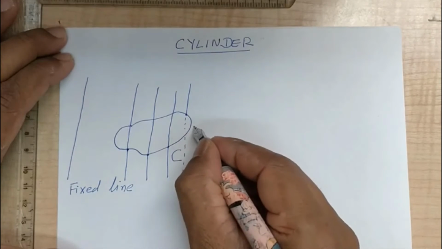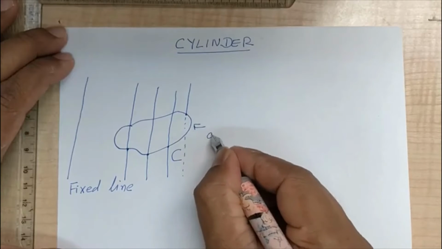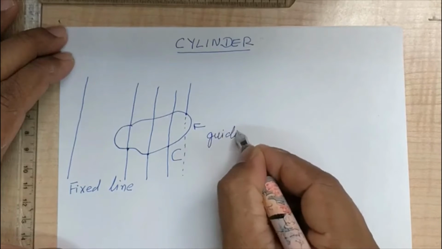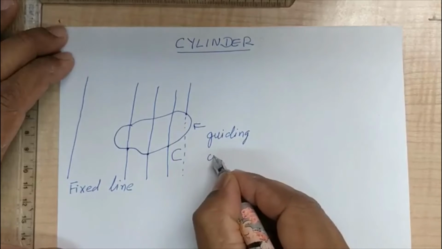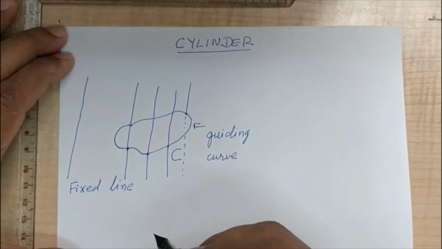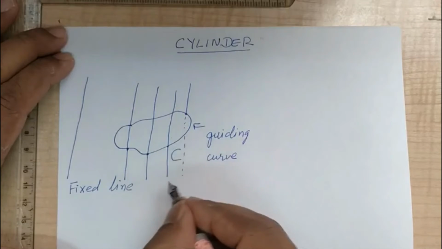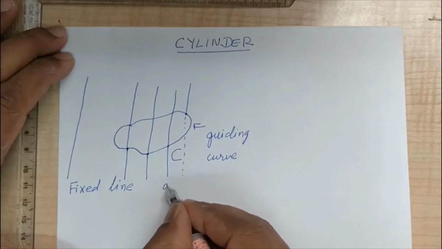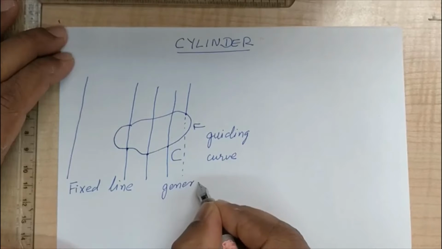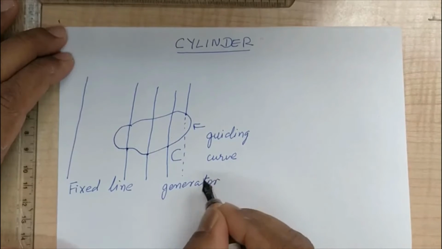This curve is called the guiding curve. Each line is called the generator. You can take any one line.